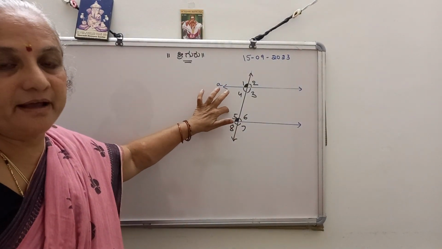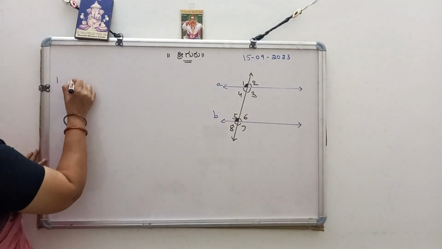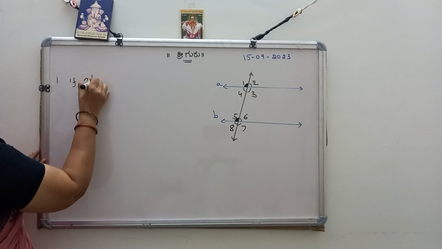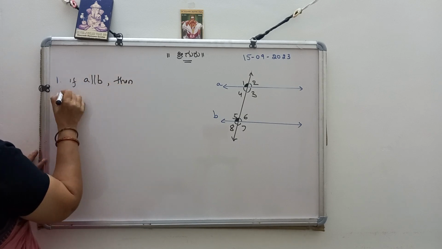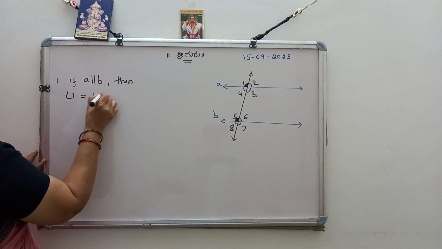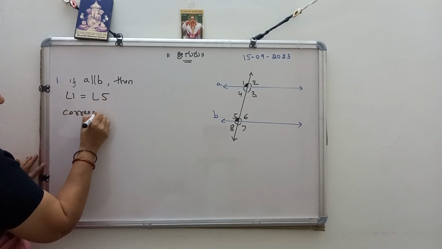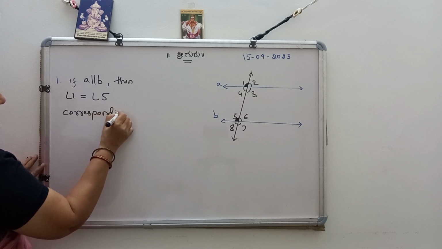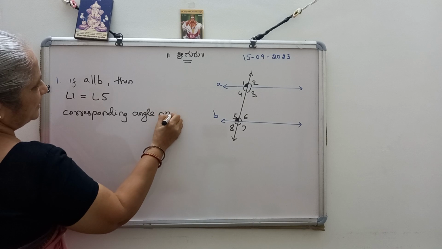So we should write corresponding angle property. First one, if A parallel B, then angle 1 is equal to angle 5. Corresponding angle property.